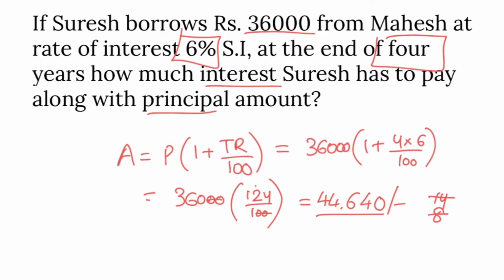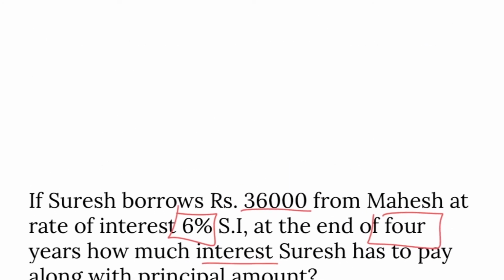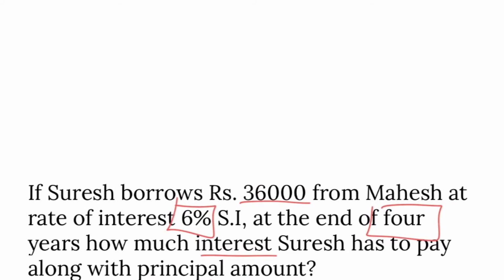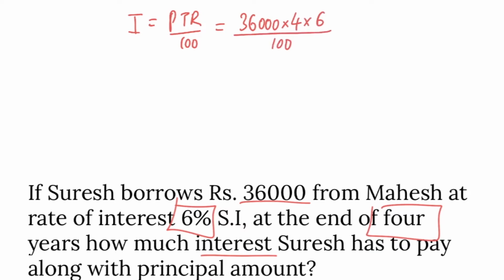Or find simple interest first using the formula I is equal to PTR by 100. Principal is 36,000. Time period 4 years. Rate of interest 6% divided by 100. 2 zeros cancel. 36 into 4, 144. 0 into 6, 0. 6 into 4, 24. 6 into 4, 24 plus 2, 26. 6 into 1, 6 plus 2, 8. 8640 rupees is interest.